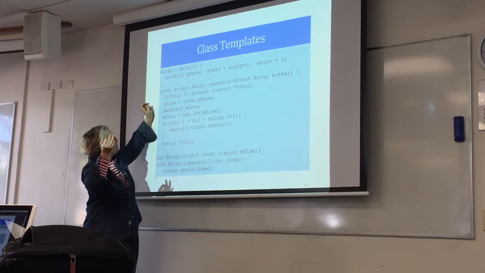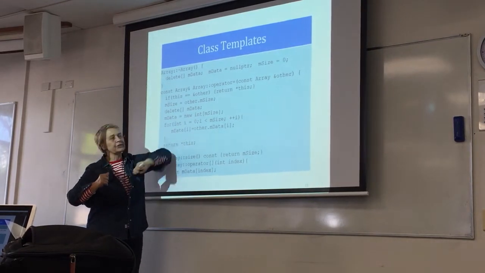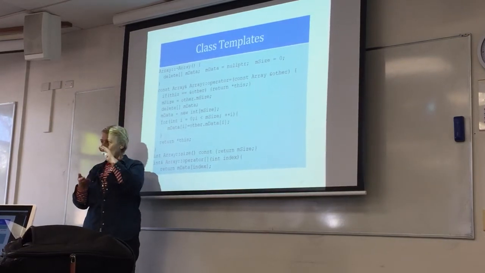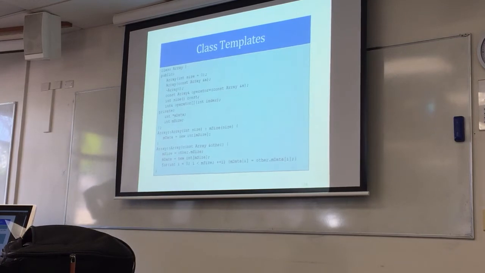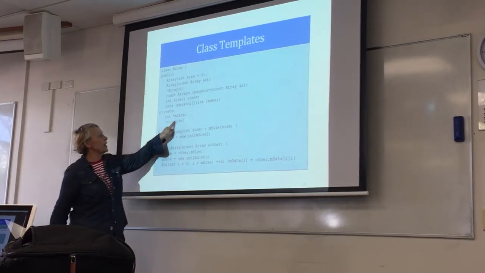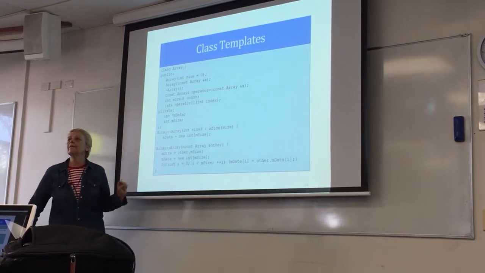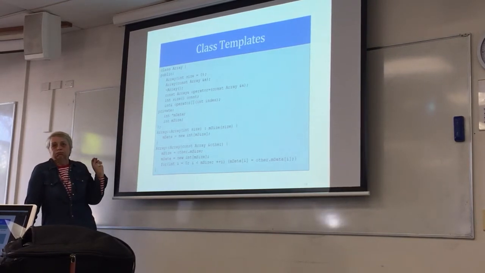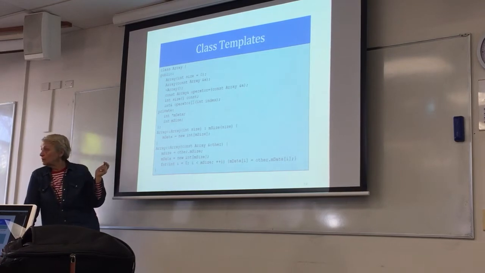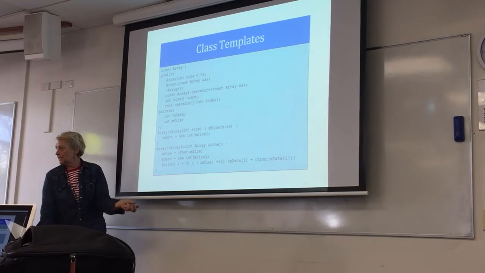When I talk about this int, because int appears in two places. Int appears for the size. This will stay int, whatever type of array we have. Whether we have an array of float, of strings, of students, this will stay int because it refers to the number of elements, right?